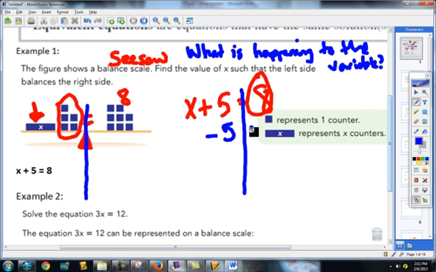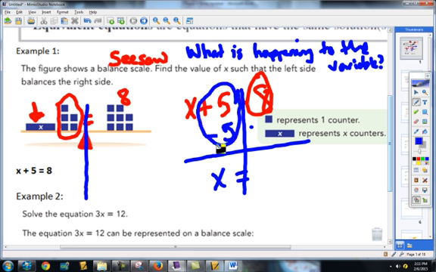And that leaves me with just X on the left, because X plus 5 would be whatever, but if you take away that same 5, you're basically canceling it. Like the example I gave you, I have X dollars. If I got $5 added to it, but then took the 5 away, I'm now back to my X dollars. So this process right here is called isolating the variable. We want the variable to be all by itself on the left side of the equation, or the right side, but since it was on the left to begin with, we want to keep it on the left.